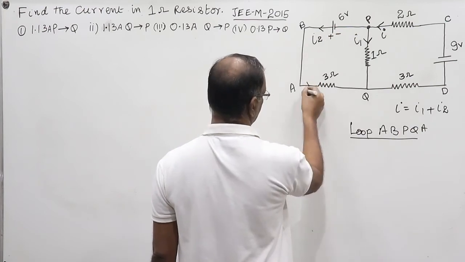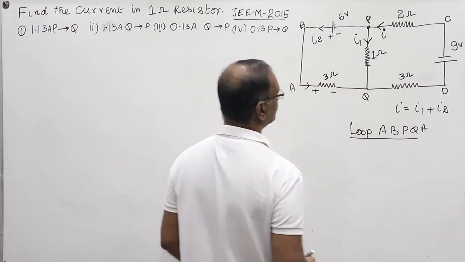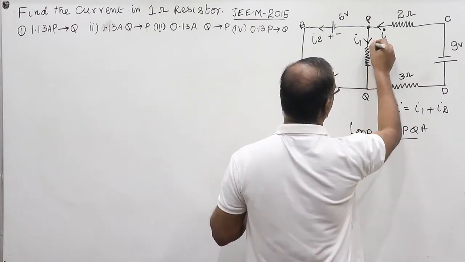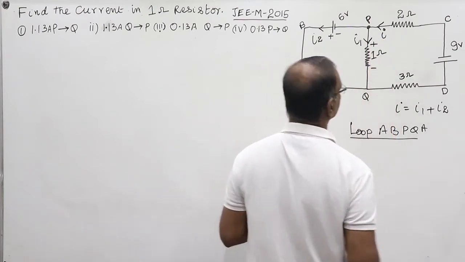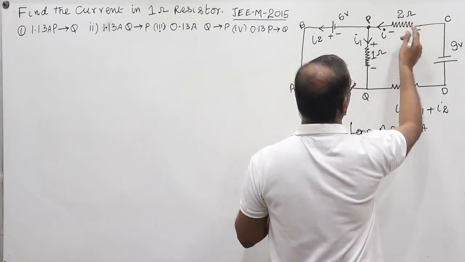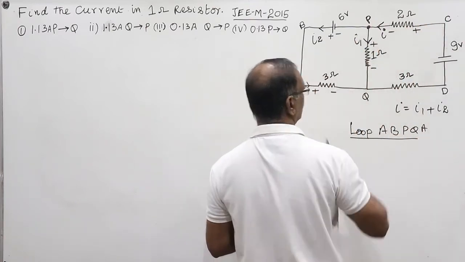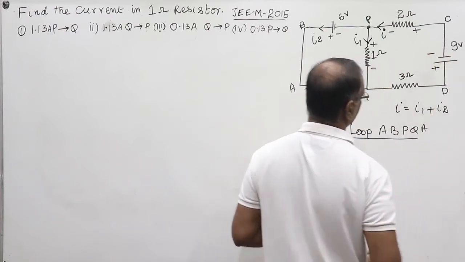Since current is flowing this way, I2, this is higher potential and this is lower potential. Now here, the current is flowing this way, this is at higher potential and this is at lower. Now here, current is flowing this way, this is higher and this is lower, because current flows from higher to lower. This is the negative side of the battery, this is the positive side of the battery.